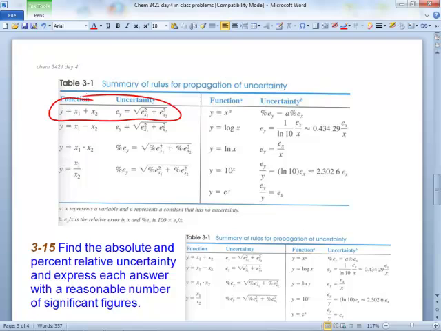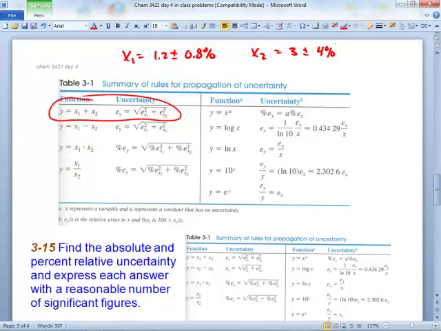If they had given you x1 is 1.2 plus or minus 0.8%, and x2 is 3 plus or minus 4%, you would have to convert those percents into absolute uncertainty, and then you can use the equation.